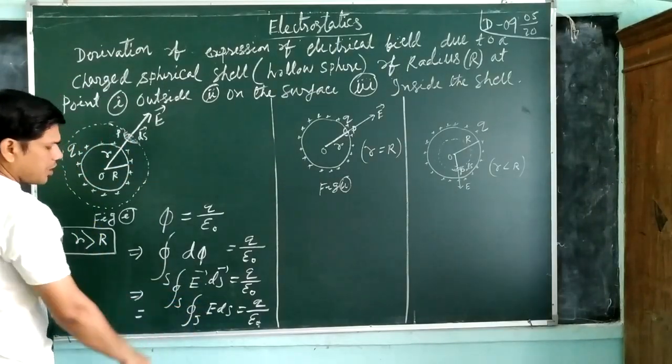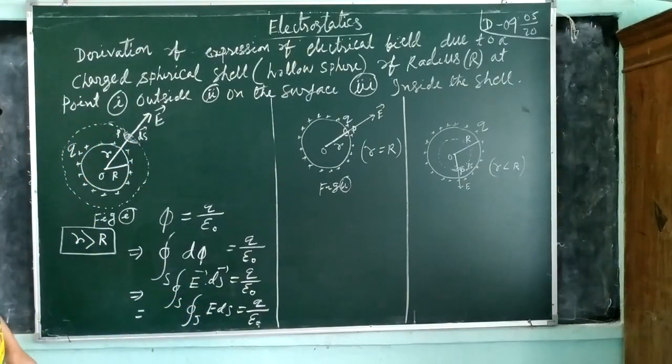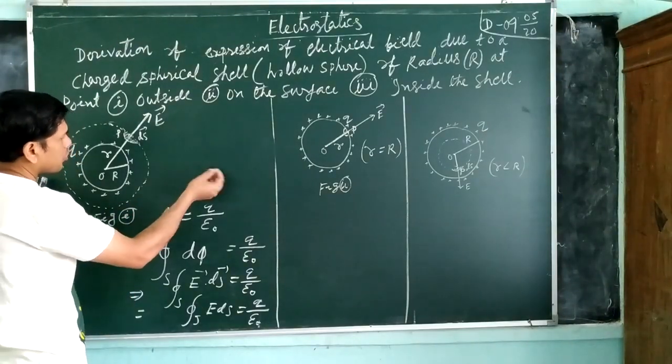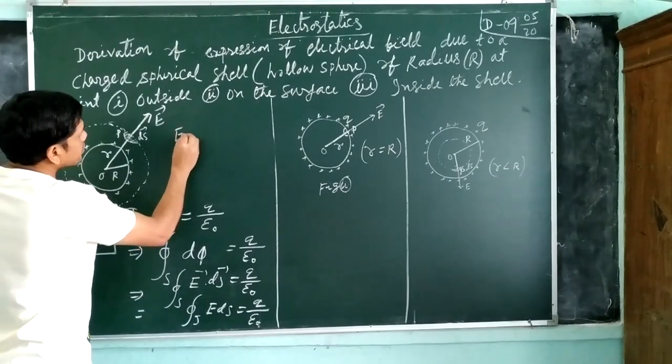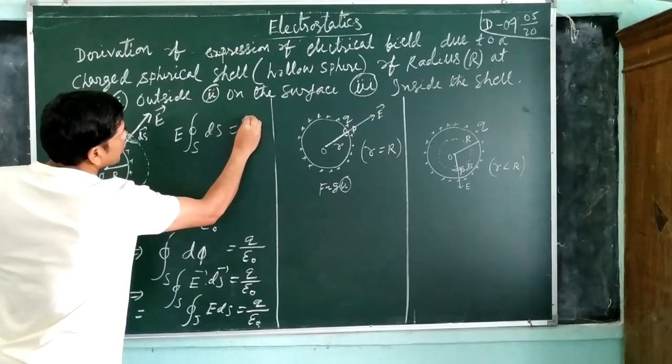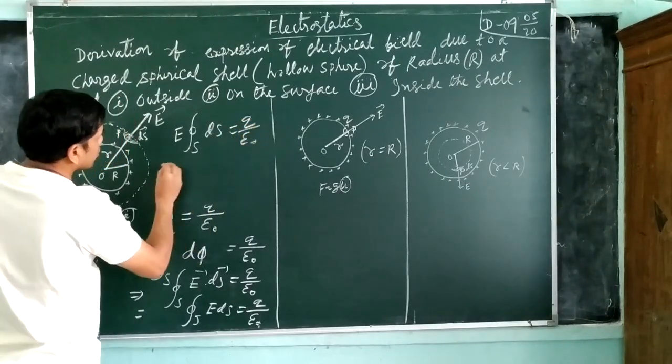So E is the electric field, and it is constant throughout this closed surface, as it depends only on small r. So we can take it out of the integration. So E times closed surface integration of ds equals Q by epsilon naught.